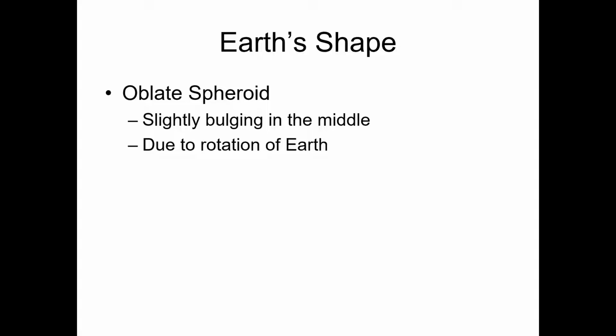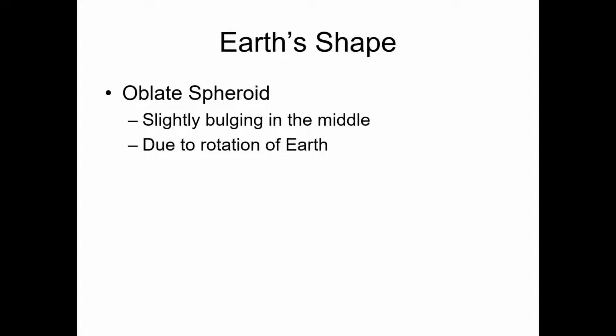So a sphere, we're going to get there. So what is an oblate spheroid? An oblate spheroid is basically a sphere, except it's slightly bulging in the middle. A perfect sphere would be the same height as it was fat.